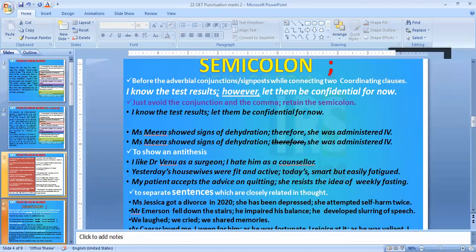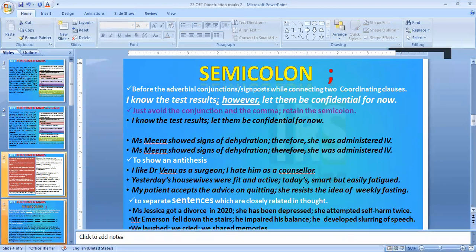Now we will discuss in detail the use of semicolon. Semicolon is like this, okay? Full stop, comma below that. So the first rule is given there: before the adverbial conjunctions or signposts while connecting two coordinating clauses. Here you find two coordinating clauses like, I know the test results. Let them be confidential for now. Means I don't want to reveal it. So I know the test results is an independent clause.